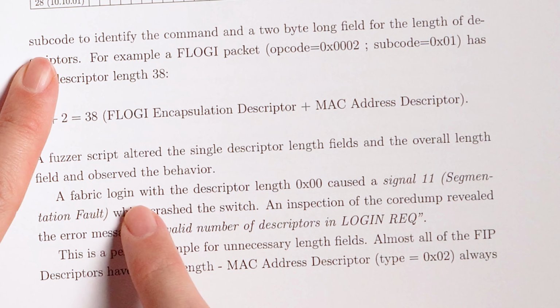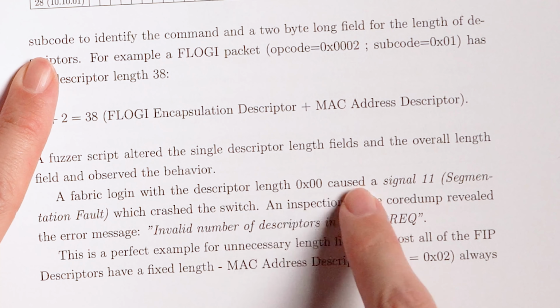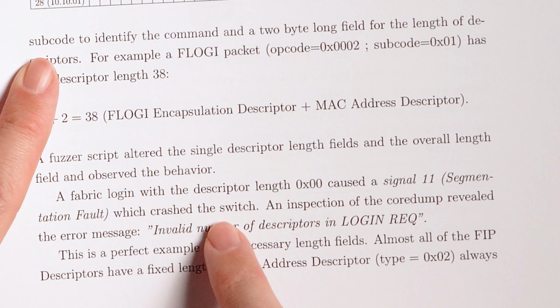Well, this crash, I couldn't really debug. I didn't really have the experience to work with these kinds of embedded switches. But I believe it was just a null pointer exception, because if you had the length 0, I remember it would just crash. A fabric login with the descriptor length 0 caused a segmentation fault, which crashed the switch.